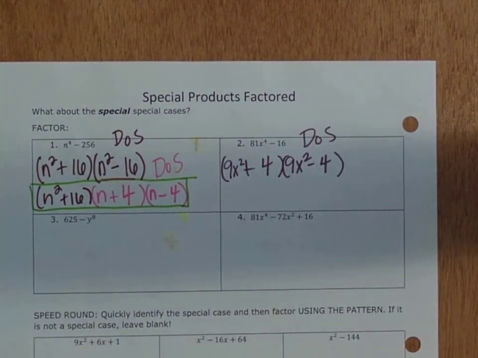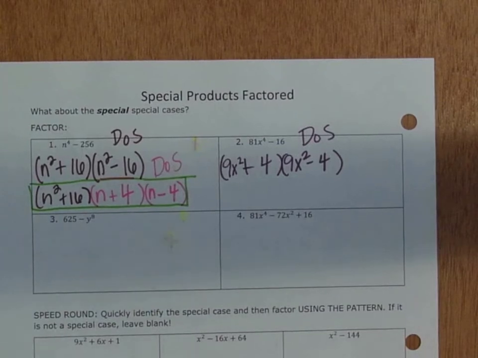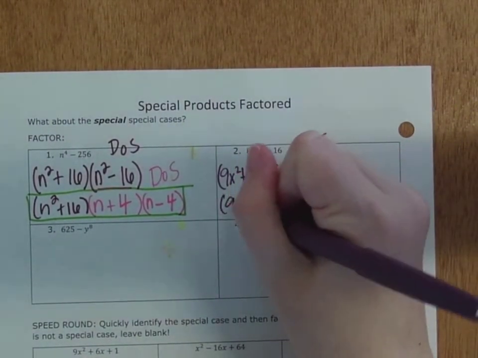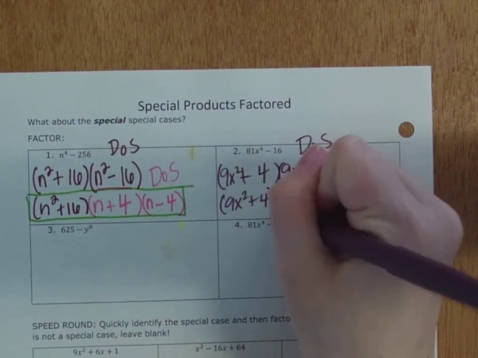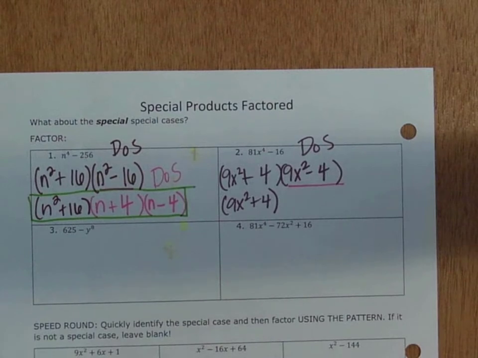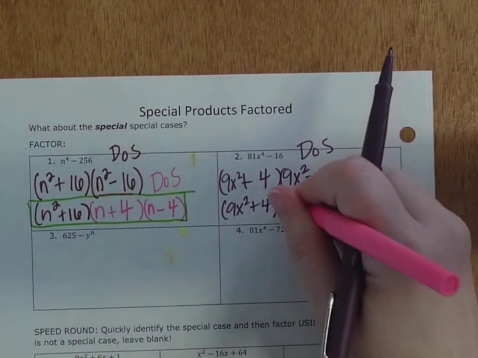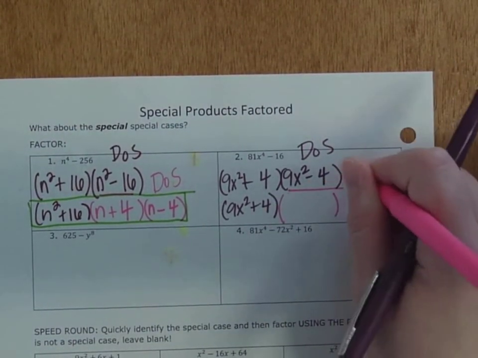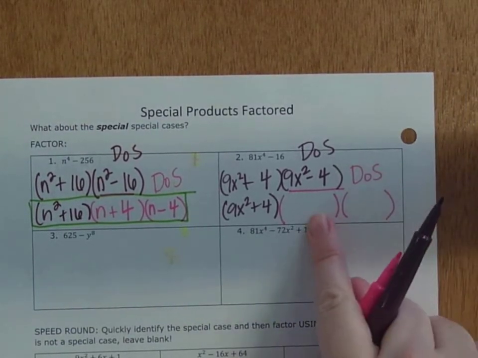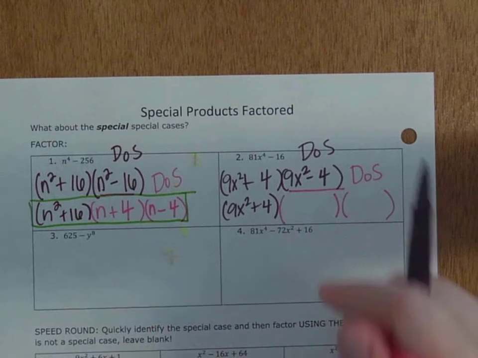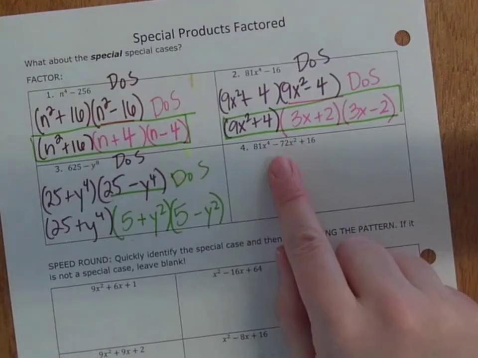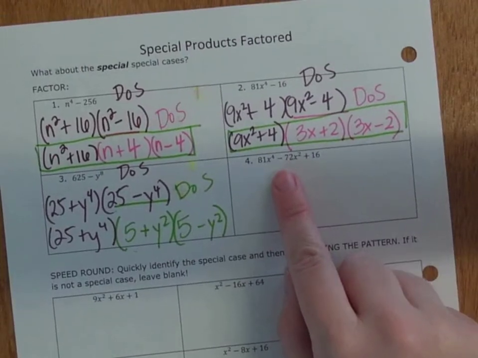What do you notice? You can factor again. 9x squared plus 4, nothing can happen there because that is a sum of squares, so we just leave it. But this is a difference of squares, so we can factor it again. What would be my first binomial? 3x plus 2 times.